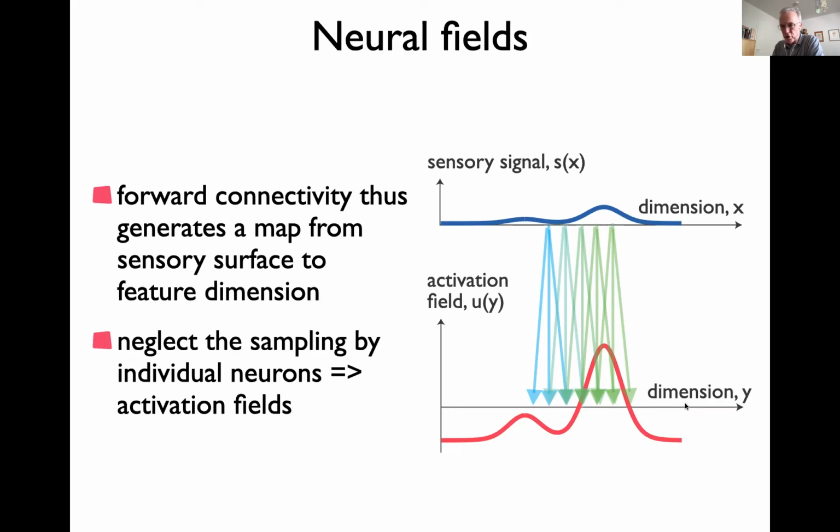There will be a strong reduction in the number of parameters, because if I do this mapping, I characterize that mapping by a few parameters, while if I think of all the individual synapses that make that up, like in connectionist networks, there will be millions of parameters. So this field picture reduces the dimensionality of the parameter space very radically.